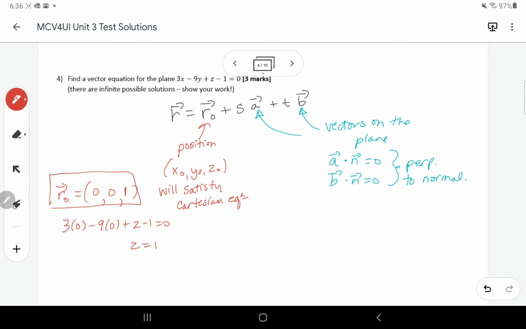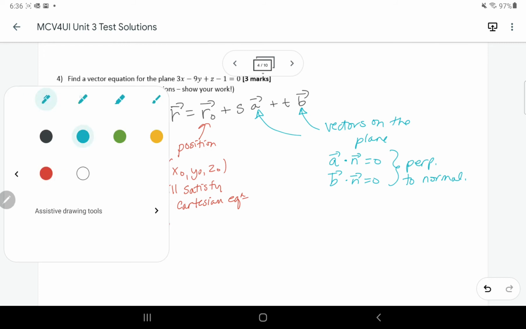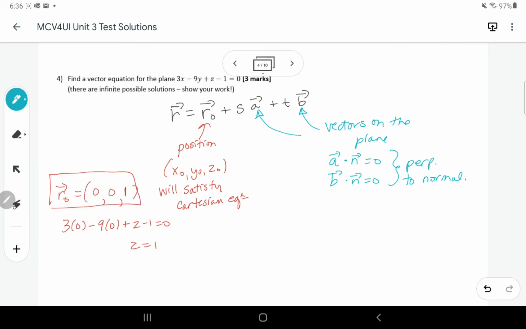So that's a point on my plane. That can be my position vector. Then I have to find two direction vectors, and they need to have a dot product with the normal that equals 0. So vector A dot 3, negative 9, and 1 equals 0.